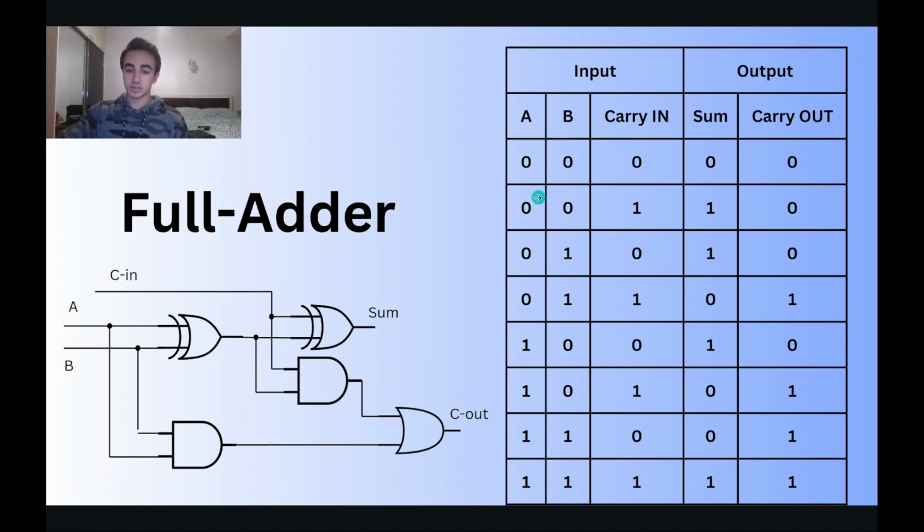So when A and B are zero, the carry in is one, the sum is one. However, when A is zero, B is one, and the carry in is one, we get that the sum is zero because we add 0, 1, 1 and 1. We get 10 in binary, but we write 0 and have 1 in carry, as here.